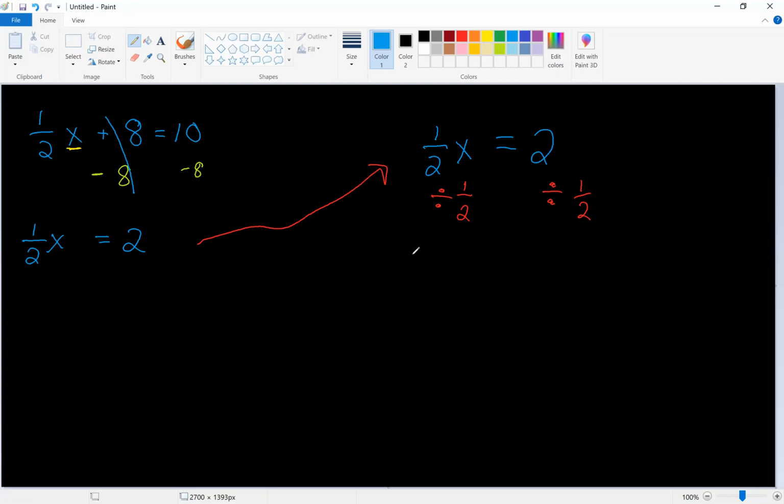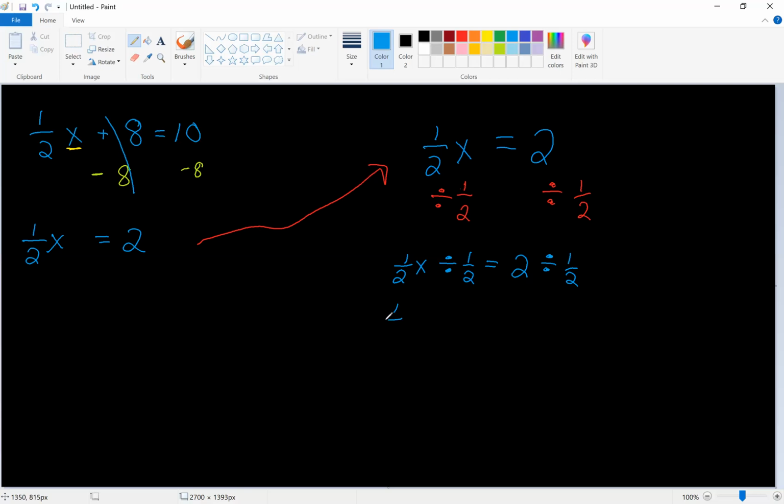We have 1/2 x divided by 1/2, okay, fine. And on the right-hand side, 2 divided by 1/2. And this is correct. It's a little bit more complicated than what we started off with. Now we even have more fractions in our life, but we can proceed.